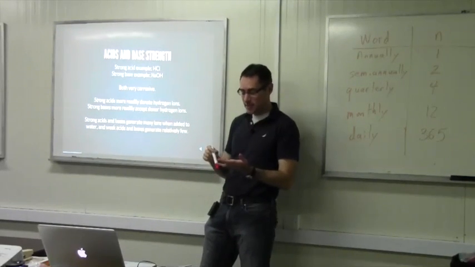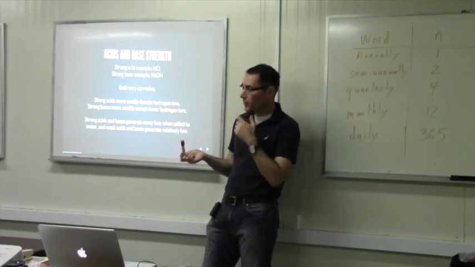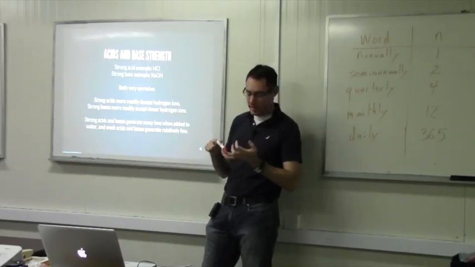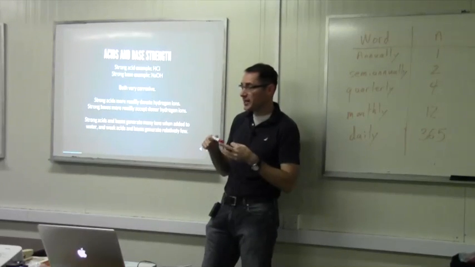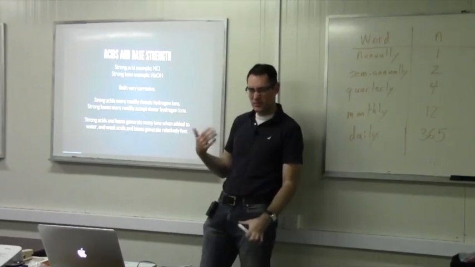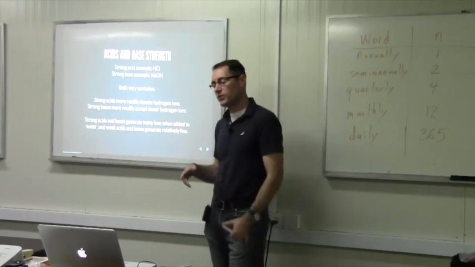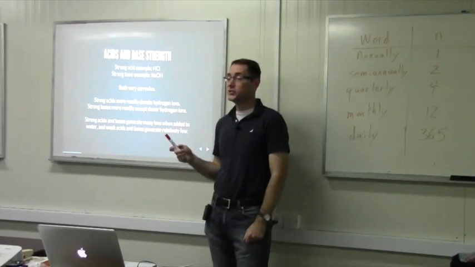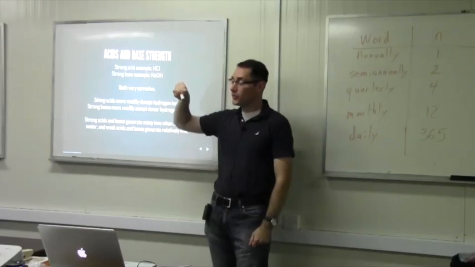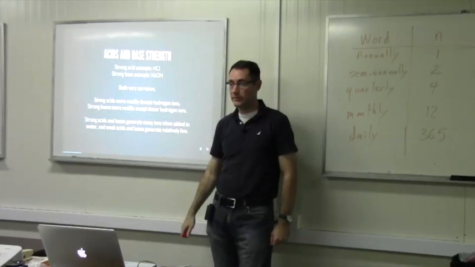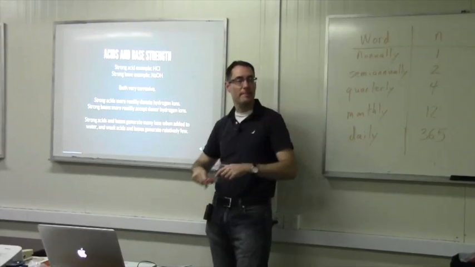Examples of weak acids, the things you see every day that don't really bother you, like citric acid, relatively weak. Vinegar, relatively weak. Acetic acid, relatively weak. So the acids you generally deal with all the time are not so strong. But if you need to clean out your drain because it's got hair stuck in it or something, you're going to use something that has HCl in it, because it's a really strong acid.